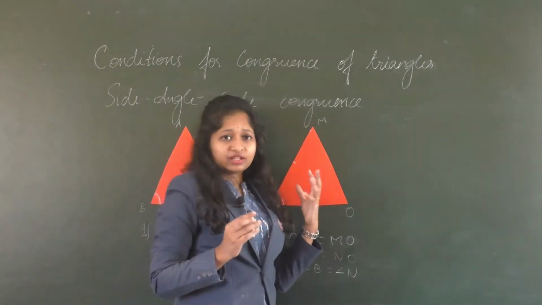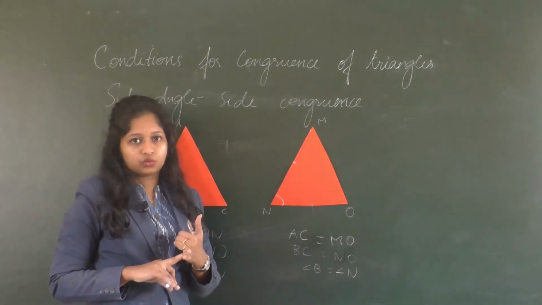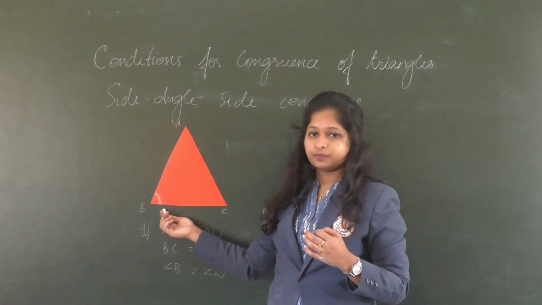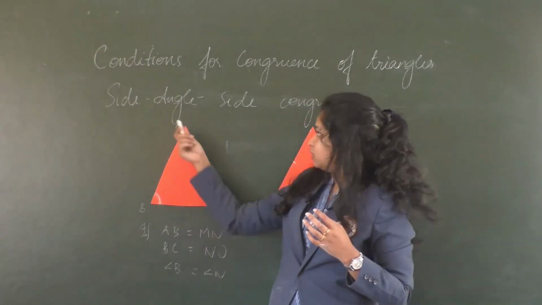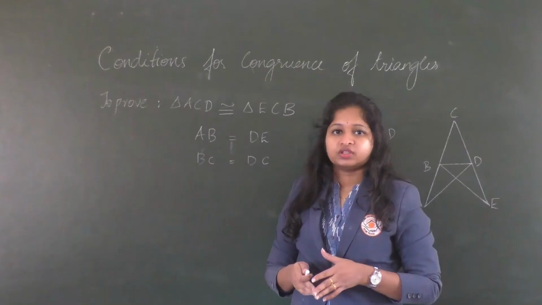So if we get like that, we cannot conclude that both of these triangles are equal. So it should be the included angle. Okay. So this is all about side angle side, that is SAS congruency.